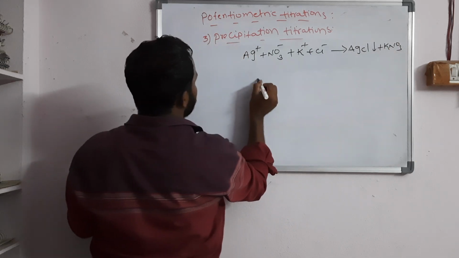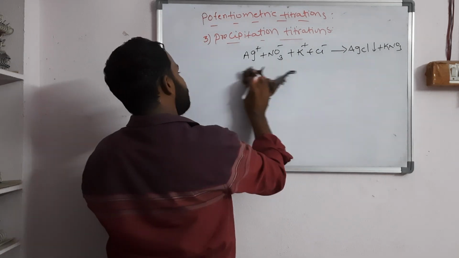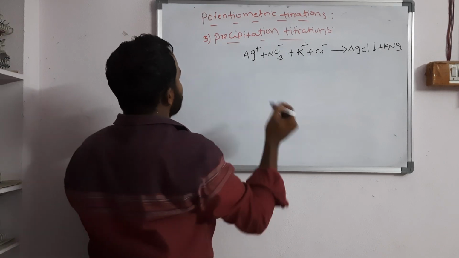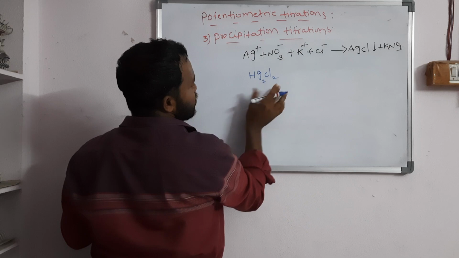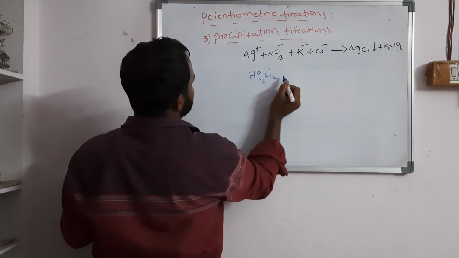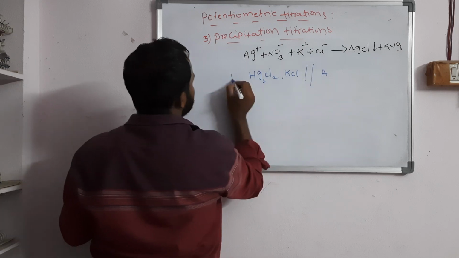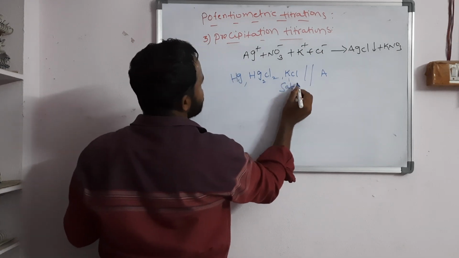Now I am going to write the cell. First you should write the cell: Hg, Hg2Cl2, this is calomel, saturated KCl, connecting with silver chloride.